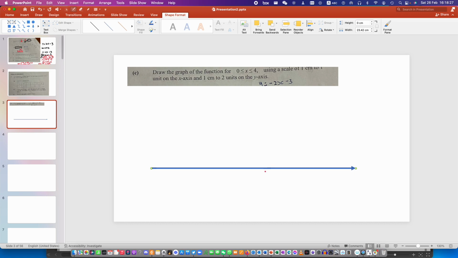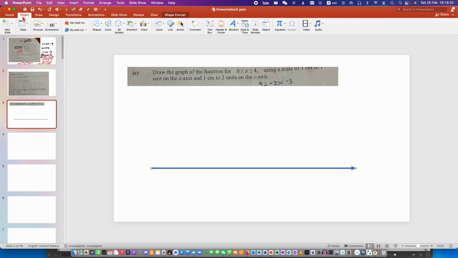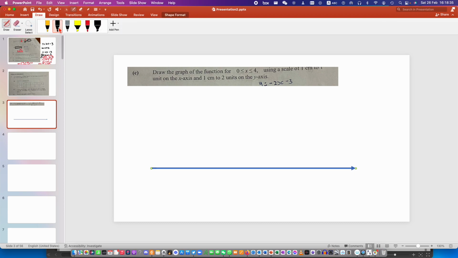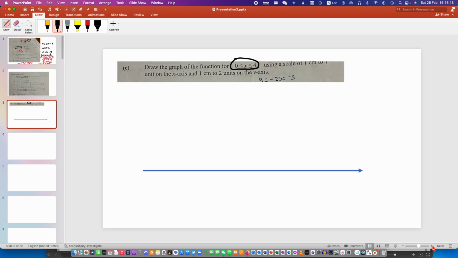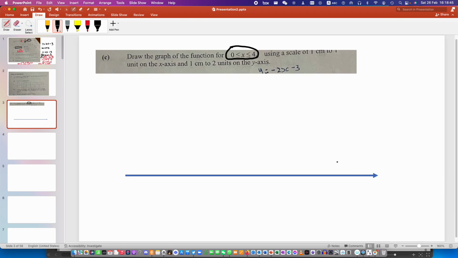Can you see that the x is from what to what? The x value is from 0 to 4. So you start from 0 to 4.